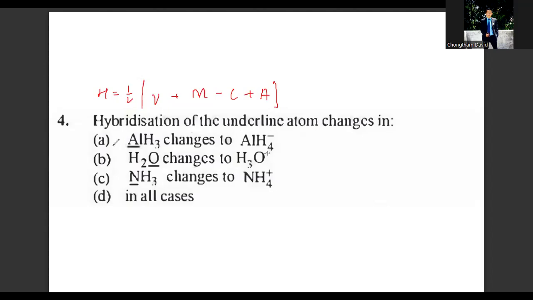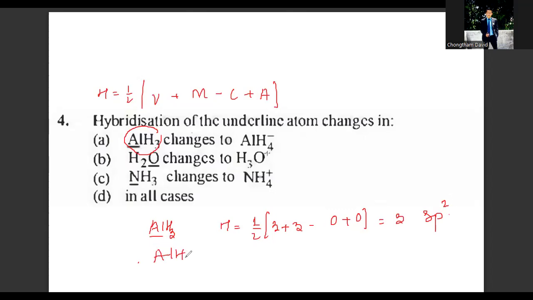So for this, let us first check aluminum hydride. The hybridization of this aluminum in the first option, AlH3, would be half of valence electrons plus monovalent atoms minus charge on the cation plus charge on the anion. This would be 3. And this is sp2.